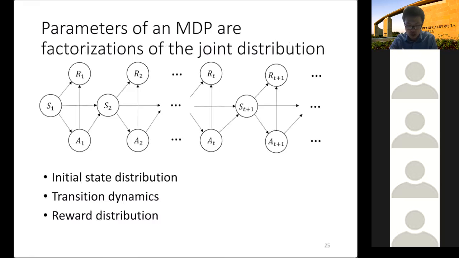You start from the initial state, and then this clique gives you the transition dynamics, and the reward distribution is given by this clique. So the parameterization of the MDP model is really just a certain factorization of the joint distribution of these random variables.